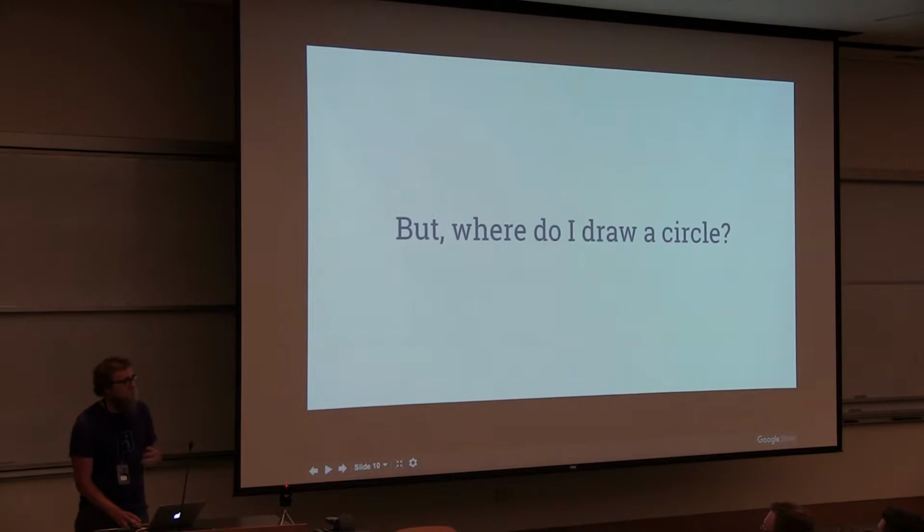So where do I draw a circle? We have these registers. There was an X, Y. Well, really what those registers are doing is they're setting up parameters to do affine transforms. So there was an R for rotation. The X, Y are sort of a translation unit.